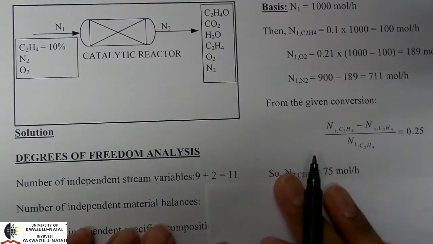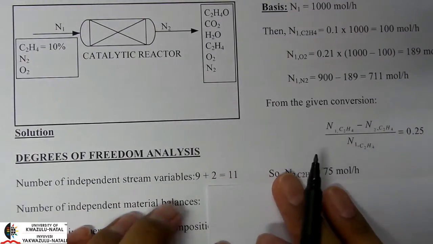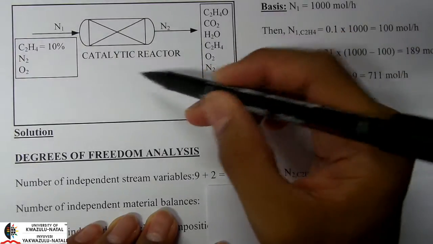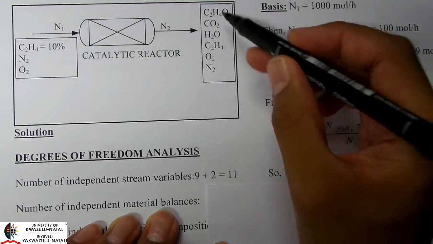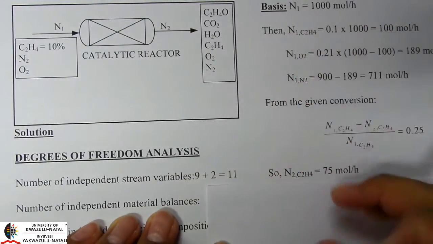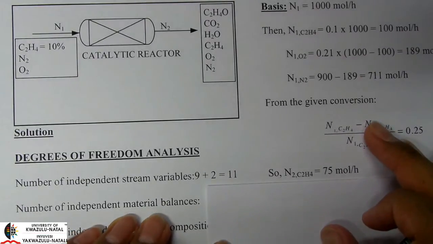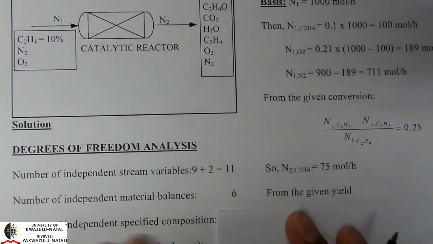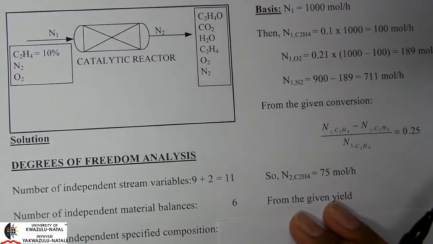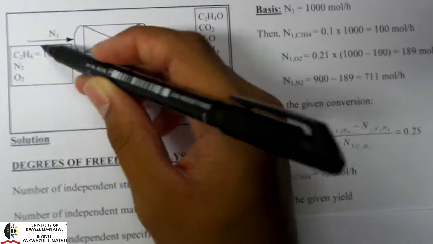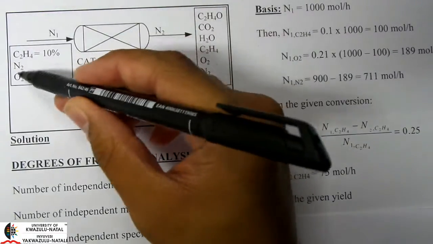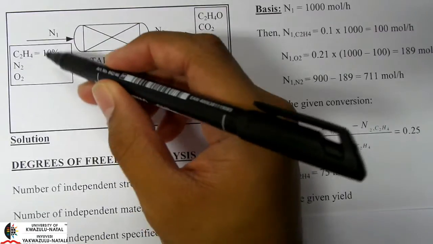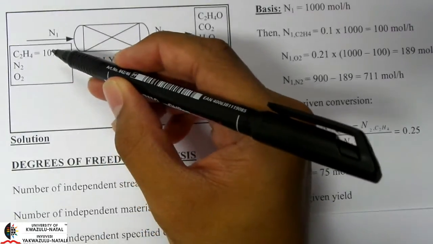In terms of our material balances, we have a maximum of 6 components associated with this reactor, and therefore that means we have 6 balances. We were given a 10% ethylene in air composition, and we were also given the composition of the air, so that's 2 specifications.